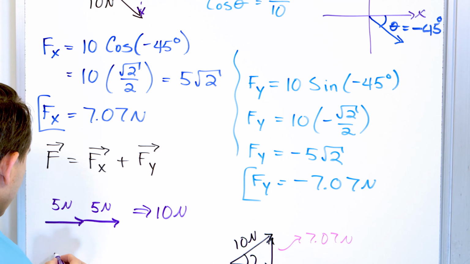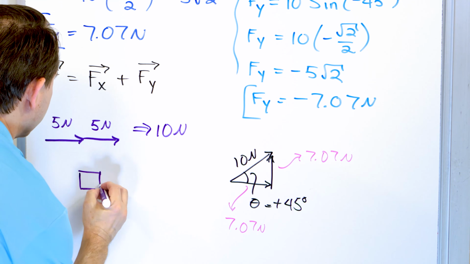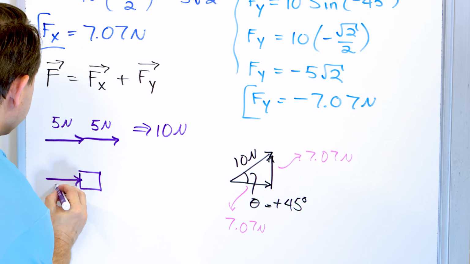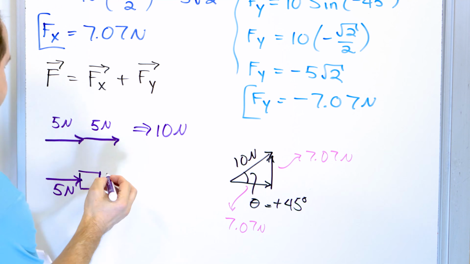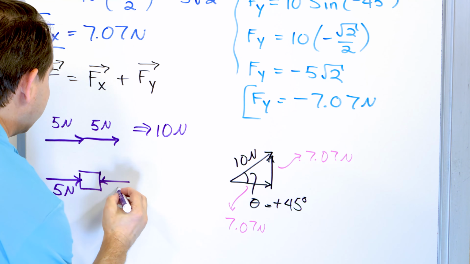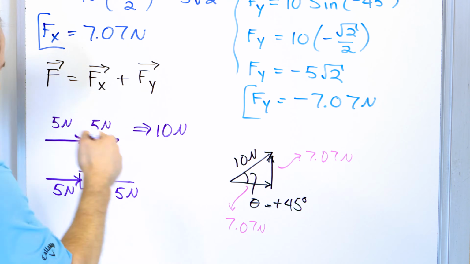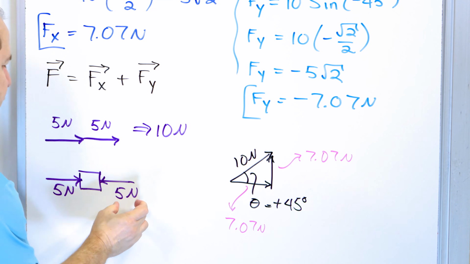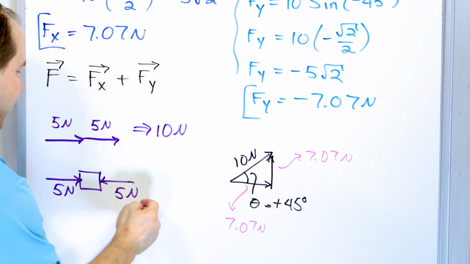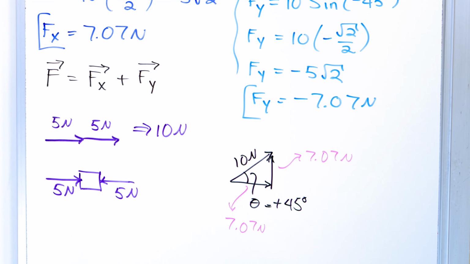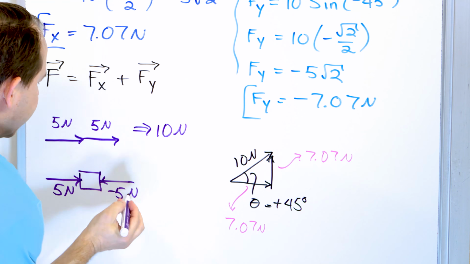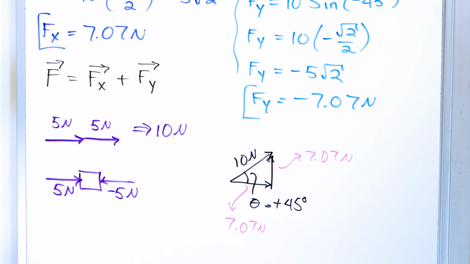But what if I had one person, like a block in the middle, right? What if I had one person acting with 5 newtons that way, and another person pushing like this with 5 newtons this way? You can consider this one to be almost like negative 5 newtons because it's acting in the other way. So I'll put a little negative sign there to remind you that it's going the other way.